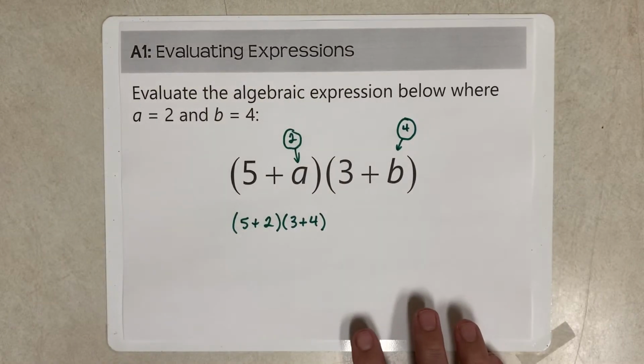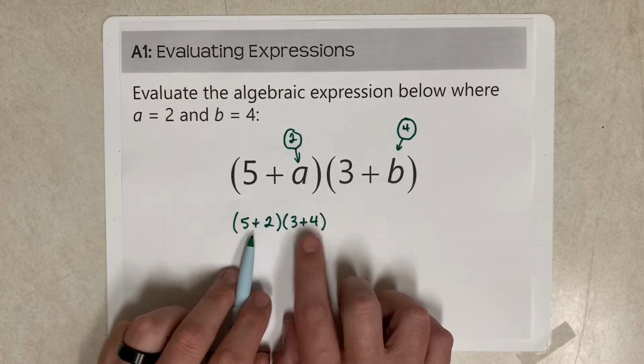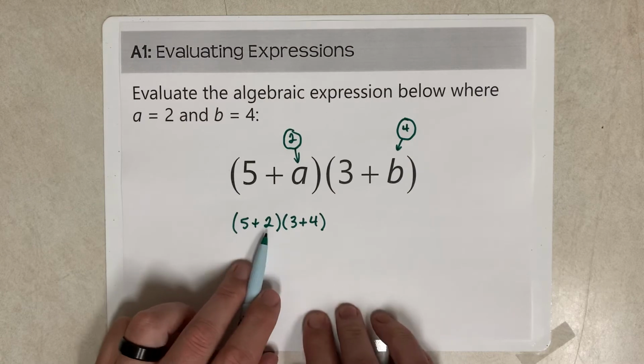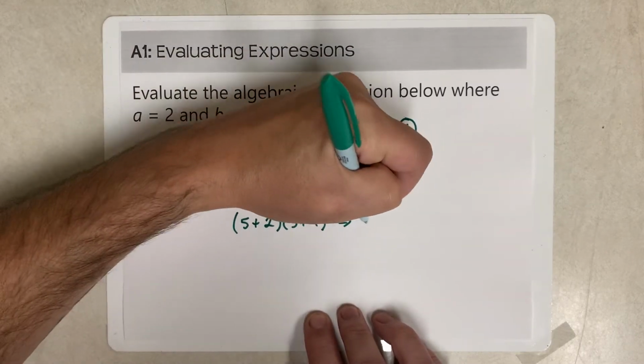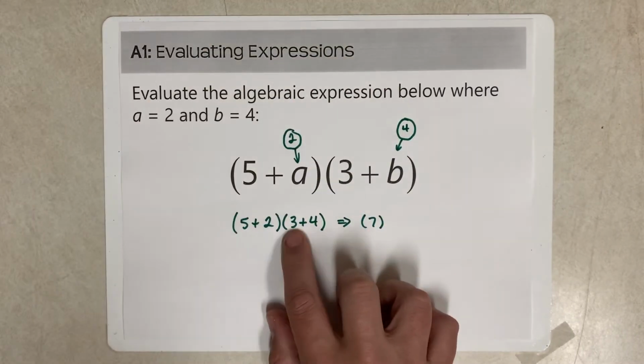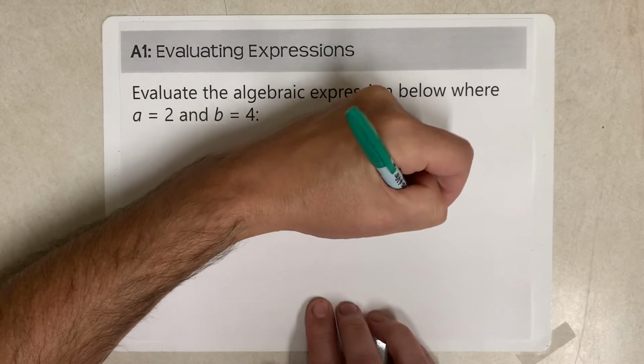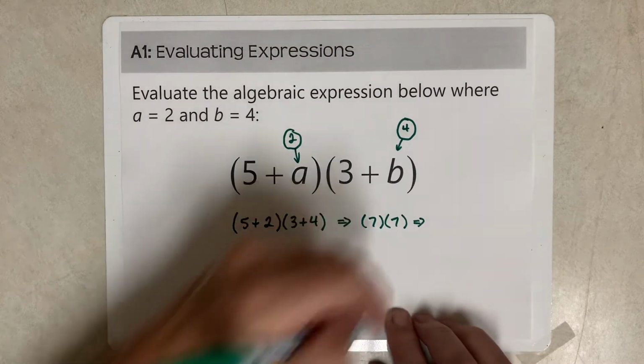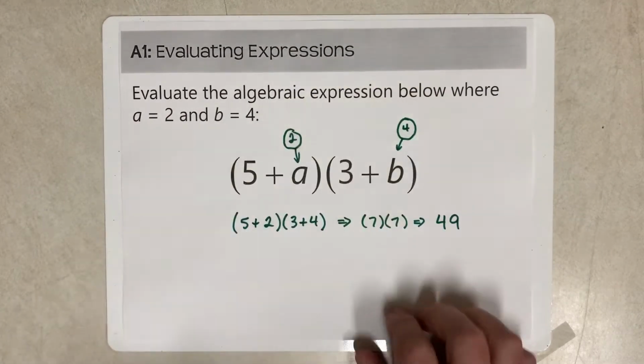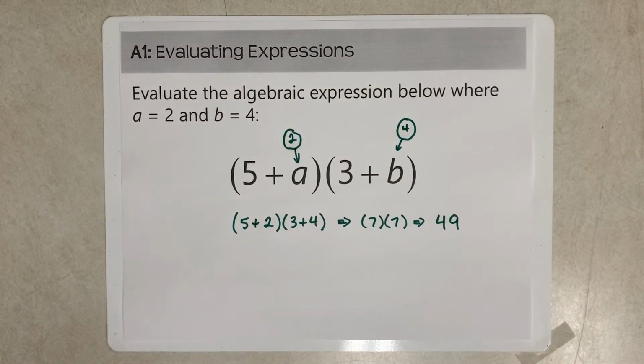Okay, so now I can take the individual parentheses and combine those. So 5 plus 2 is 7. 4 plus 3 is 4, 5, 6, 7. And it turns out that 7 times 7 would be 49. And so now we've evaluated the expression.